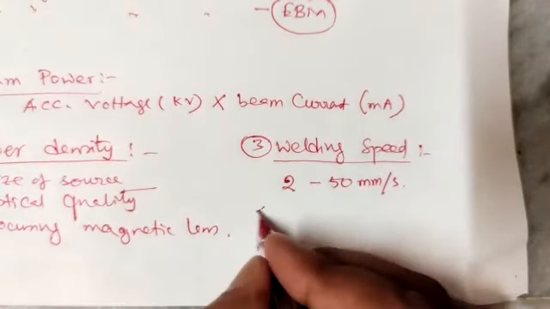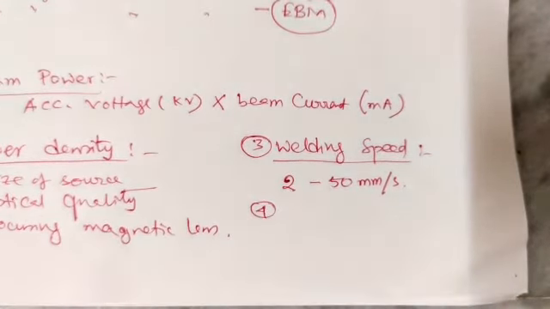Fourth one is what? Fourth one is material property. One more thing which you need to remember is that welding of dissimilar materials can also be possible by this, or by EBW.